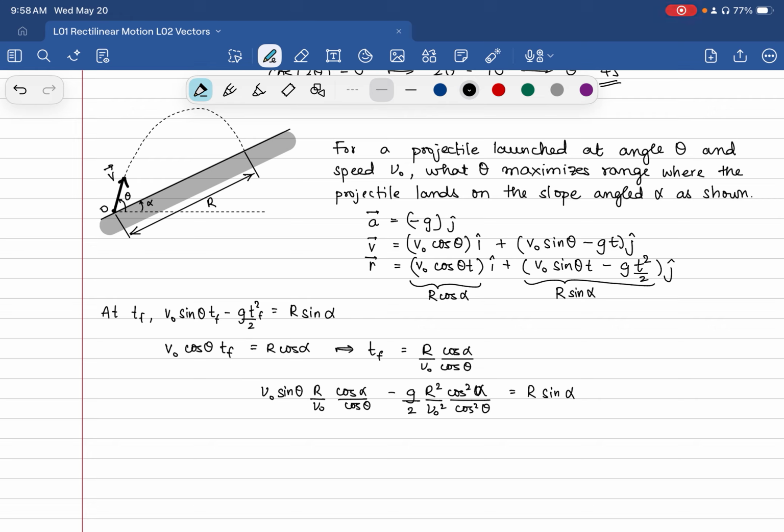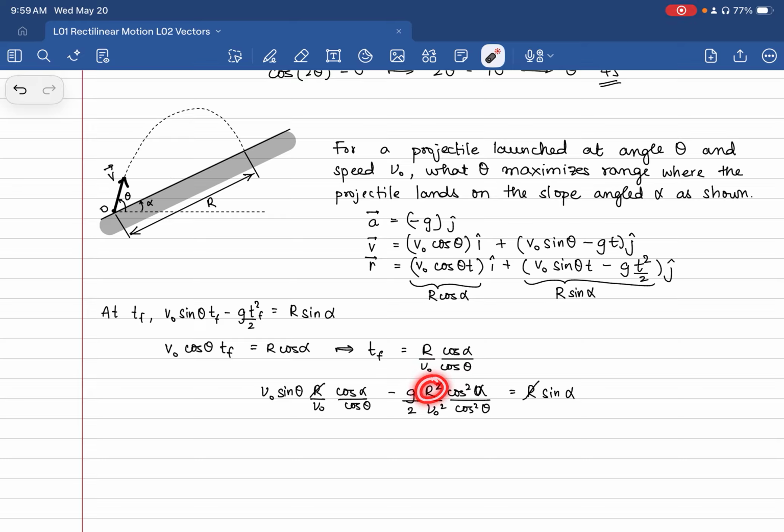Don't forget there was a 2 here. It looks like there's r everywhere, so long as r is not equal to 0, which is an uninteresting problem, we have r cancelling, and then we can rearrange everything to obtain something useful.